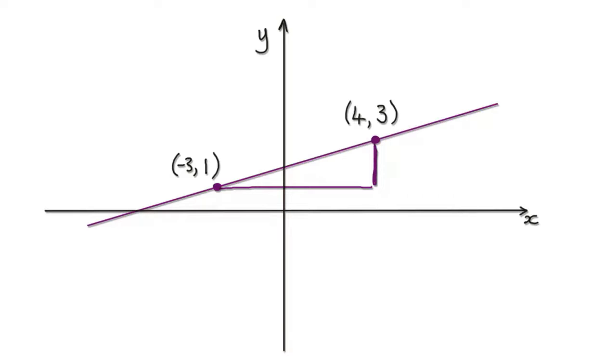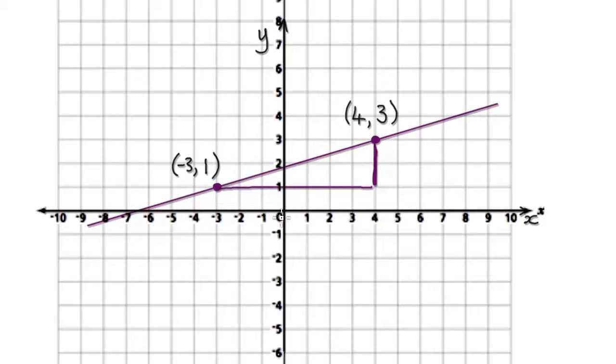Here you moved 1 up, and here you move 3 up. So to know the height, you should be looking at this y value and this y value. The height of this triangle is actually 2.